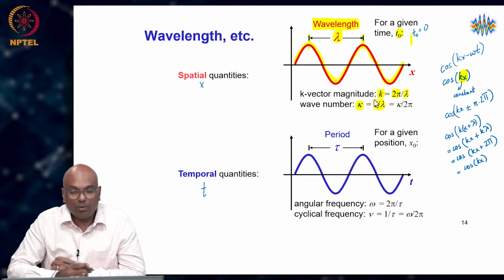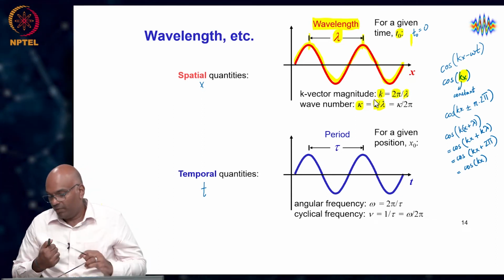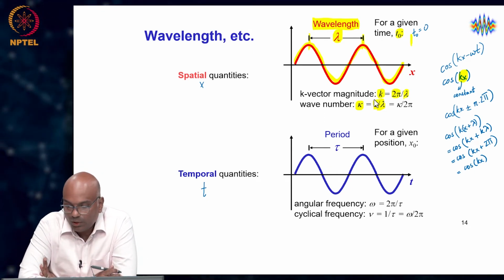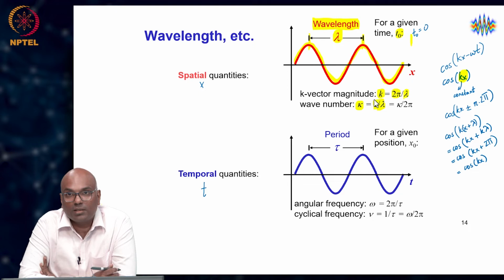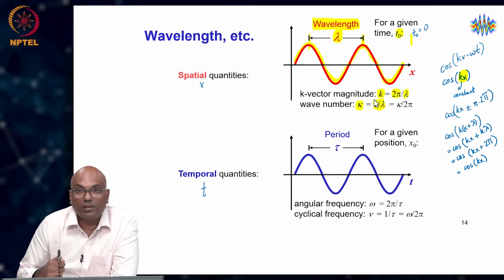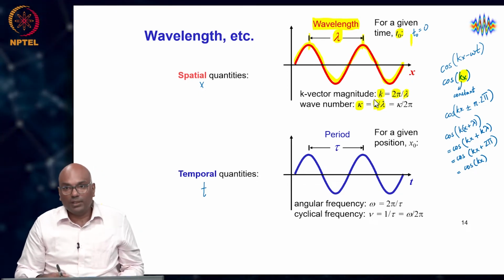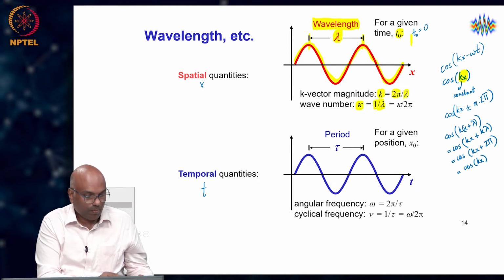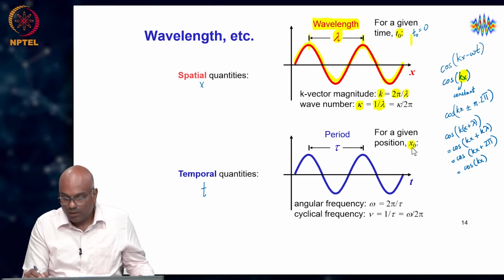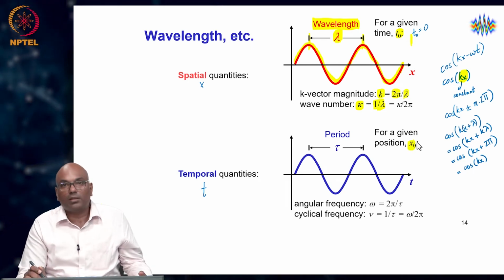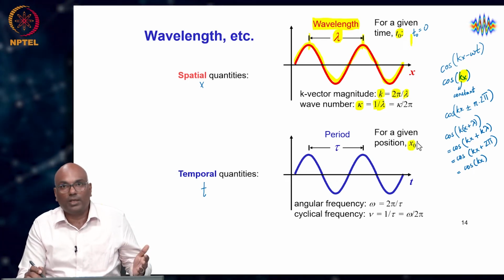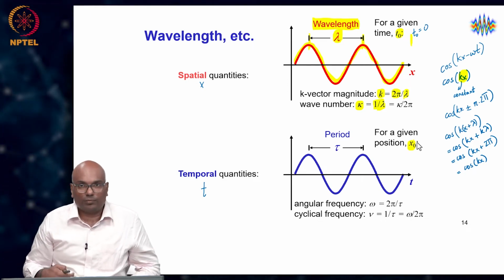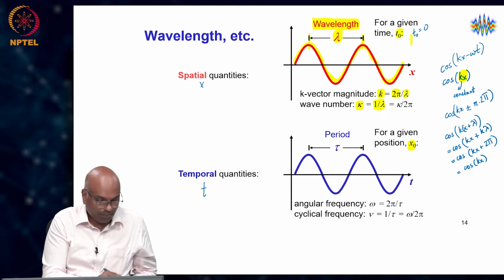Okay, what about the periodicity of the wave in time? Let us examine that. So, in order to do this exercise, let us fix our position of observing this wave. Let us fix the position to x is equal to x sub 0 or x naught. We could take x naught to be 0, which is also equally good.